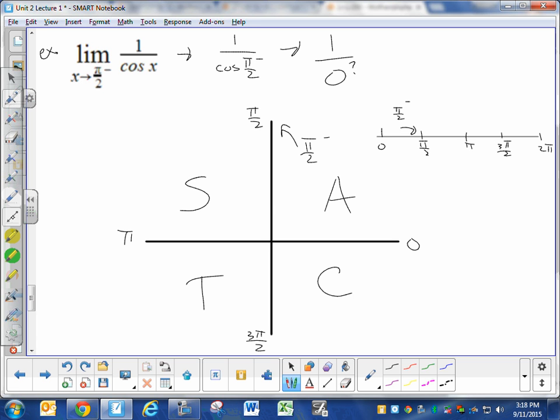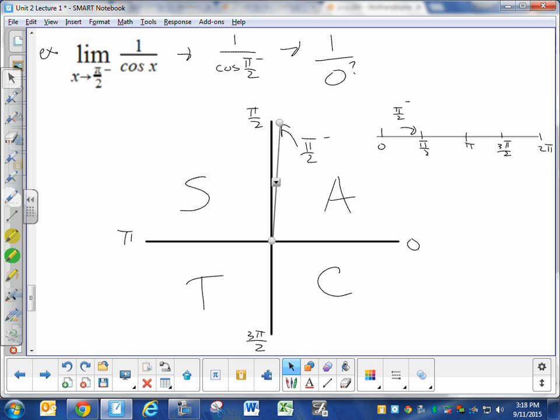Well, if I think about my angles, my cosine values in the first quadrant are all positive. So like here, it's root 2 over 2. Then here, it's 1/2. Over here is root 3 over 2. But as I notice, root 3 over 2 is bigger than root 2 over 2, which is bigger than 1/2. My cosine values, my x distances, are getting smaller and smaller.